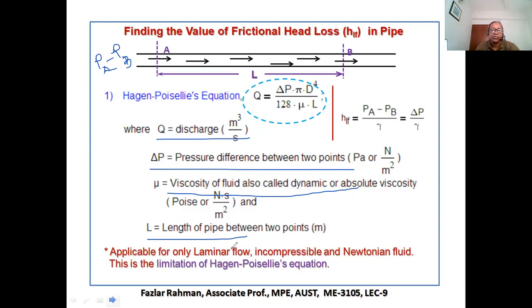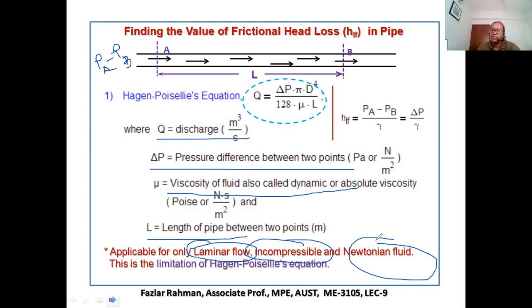But the problem is that this equation is only valid for laminar flow, if the flow is incompressible and a Newtonian fluid. So if there is a turbulent flow, then you cannot apply this equation. But if the flow is laminar, then you can use it.